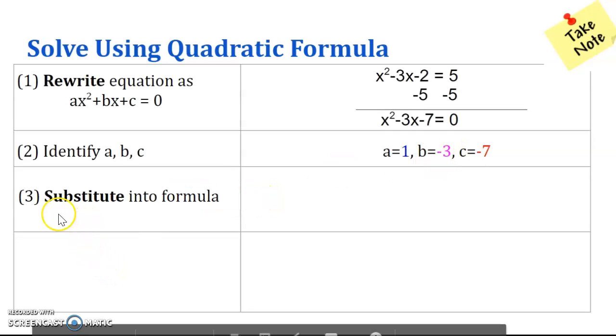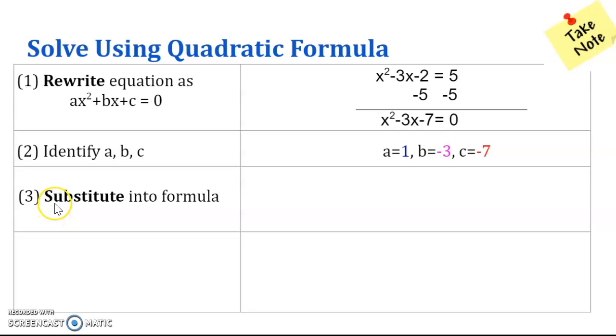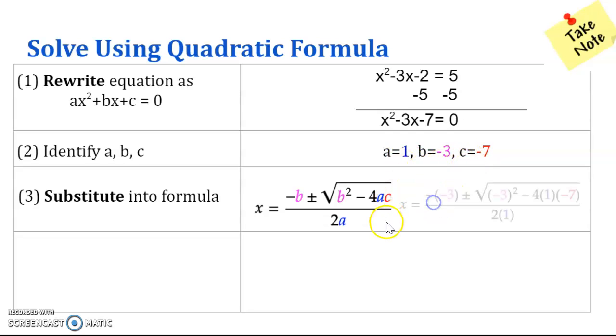Then you use the formula, which says x is equal to -b plus or minus the square root of b squared minus 4ac, all over 2a. B is -3, a is 1, and c is -7. And I am going to use parentheses, and this is really important. I know a lot of students say, oh, I don't need to use parentheses, I already know what I'm doing.